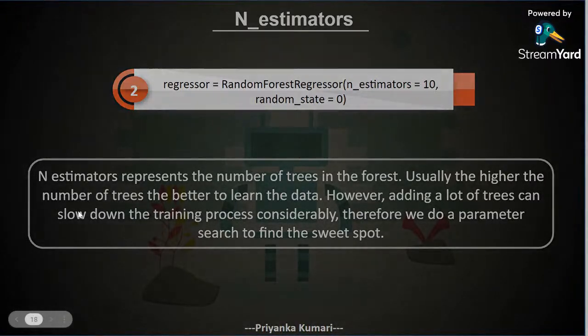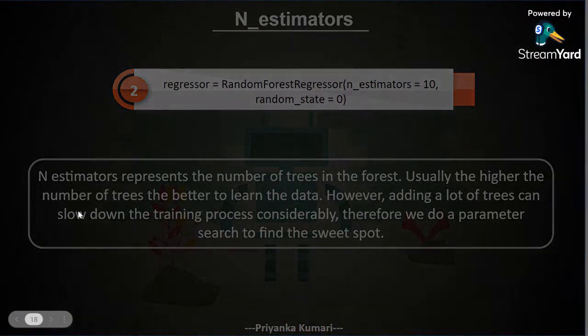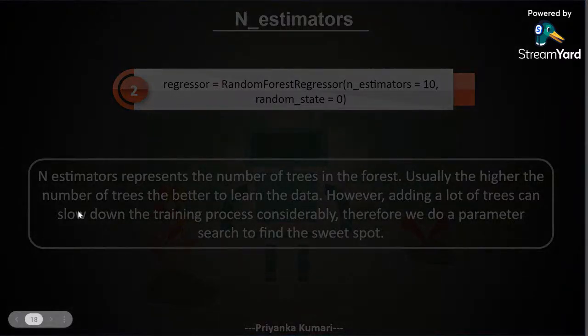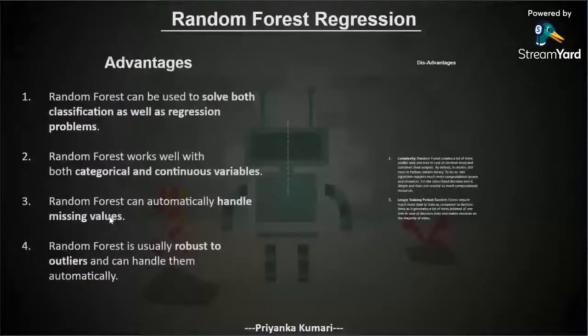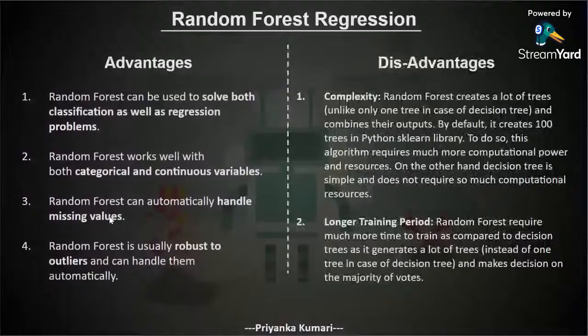Then let us look at the advantages and disadvantages of random forest regression. Coming to the advantages, random forest can be used for both classification as well as regression problems. It can solve both regression and classification problems.